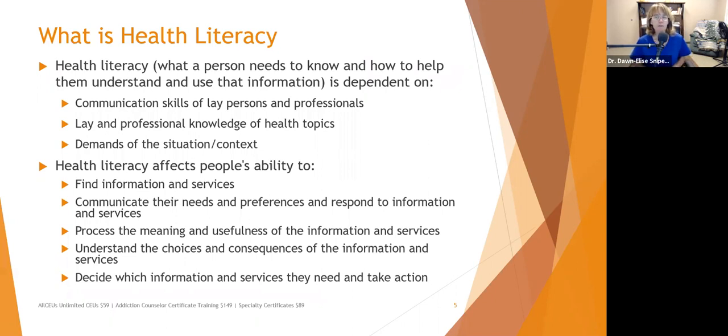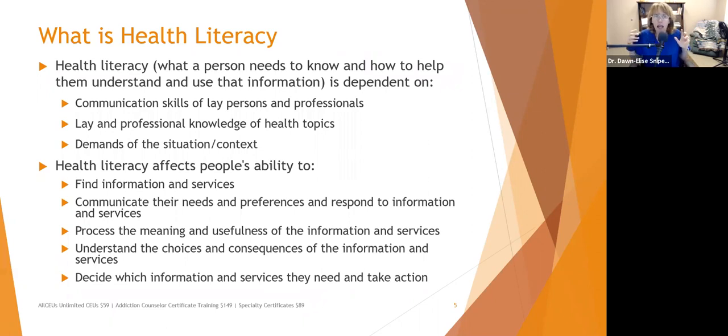Health literacy affects people's ability to understand the choices and consequences of the information and services. If we are telling people about pornography, for example, and the impact of the early use of pornography on the adolescent brain, that can get really technical, with lots of gobbledygook and data and numbers.